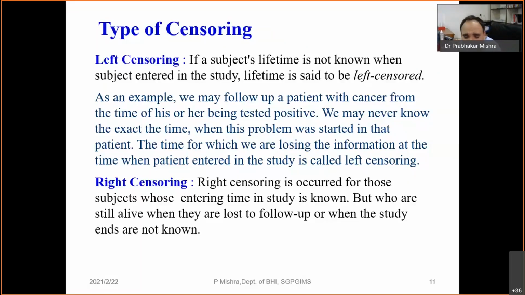By this way we can reduce the right censoring, but we cannot eliminate it completely. So left censoring or right censoring is a part of the study, and it cannot be eliminated from the study. This is only terminology.